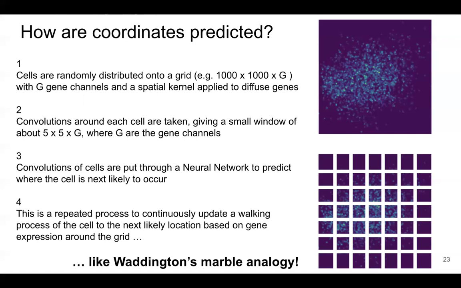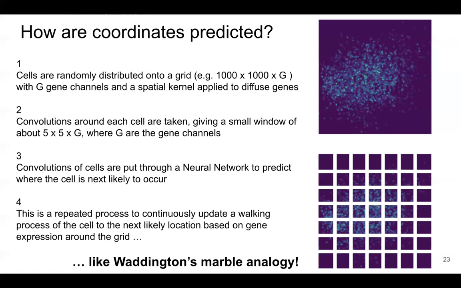Now, I then take convolutions, as I mentioned before, and these convolutions are quite small. And then from these convolutions, I put this through a neural network to predict where the cell is next likely to occur. After which I iterate this process, and essentially I update a sort of walking process, over which the cell moves to the next likely location based on the gene convolution, or KNN gene convolution.